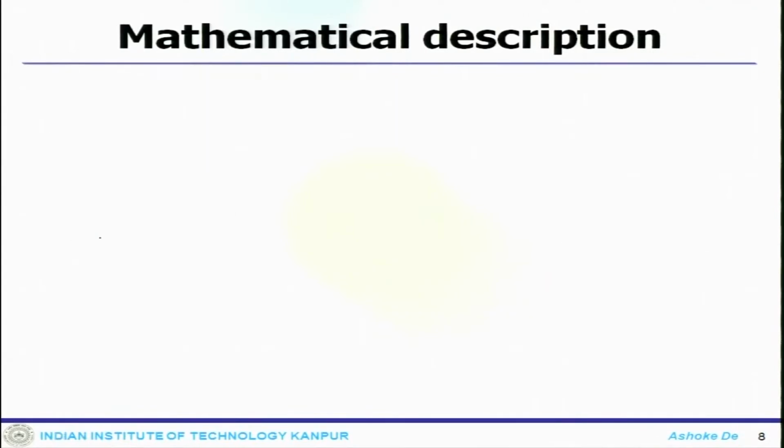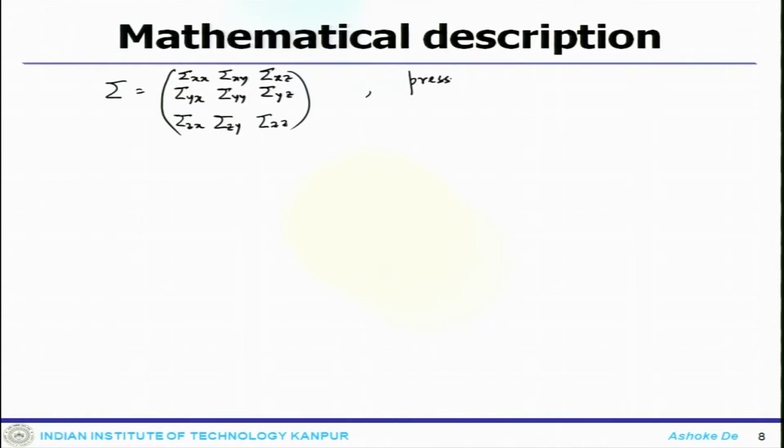And this is nothing but the 9 component tensor, starting with xx, xy, xz, yx, yy, yz, zx, zy, zz.